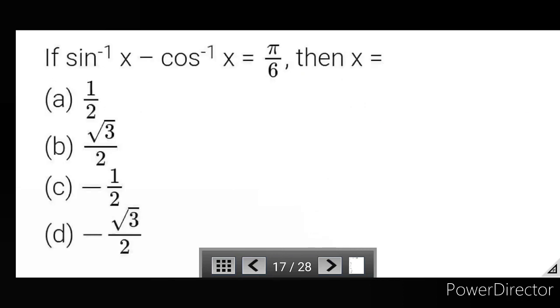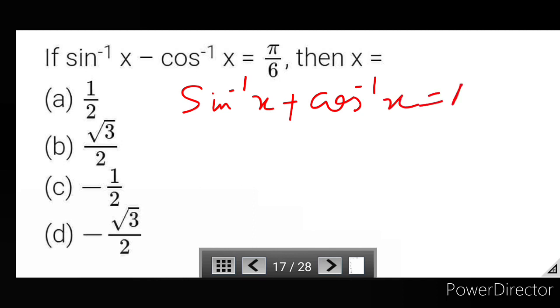Next question, if sin inverse x minus cos inverse x is equal to pi by 6, then x is equal to. Now sin inverse x minus cos inverse x is equal to pi by 6, also sin inverse x plus cos inverse x is equal to pi by 2.